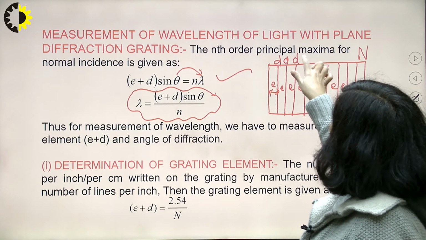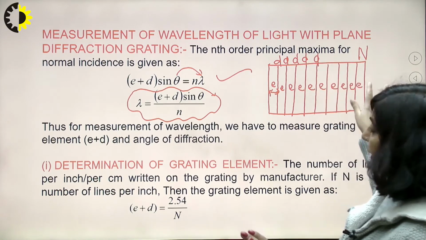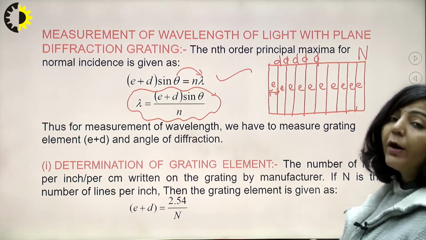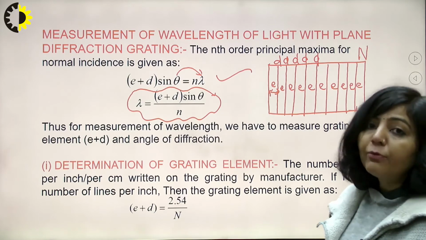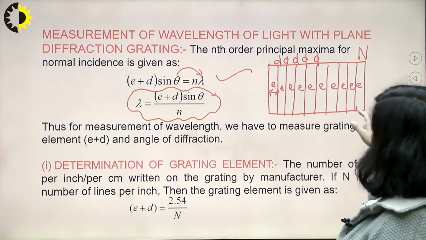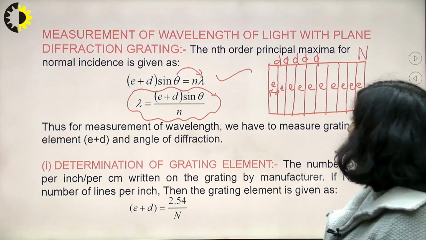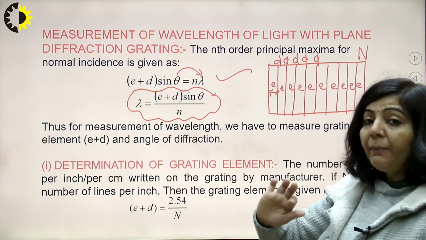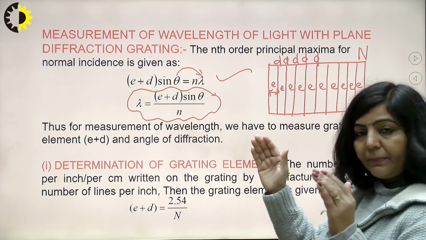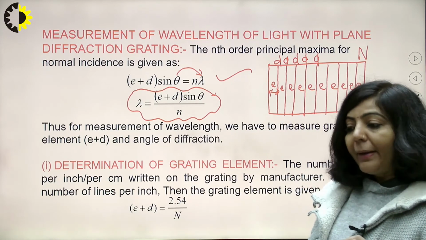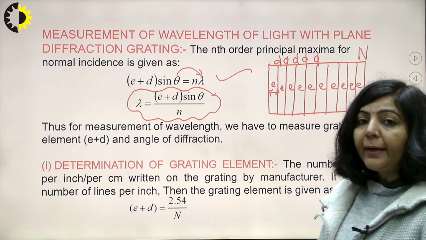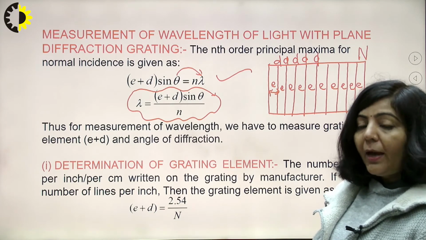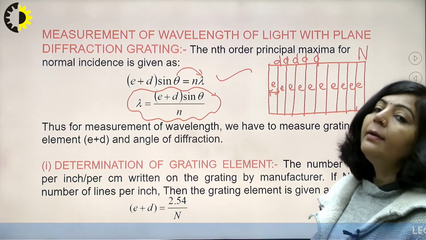Clear? So since you have this grating, let this grating be of 1 inch, and 1 inch means 2.54 centimeter. In this 2.54 centimeter, N number of lines are drawn, means in that 1 inch you get that E N times, as well as that D N times.